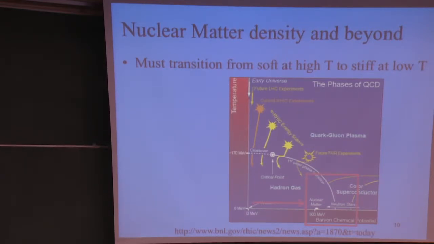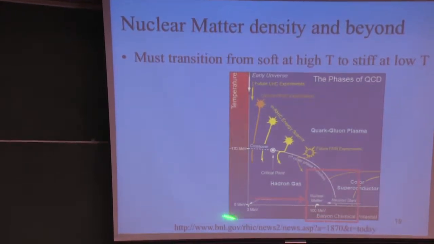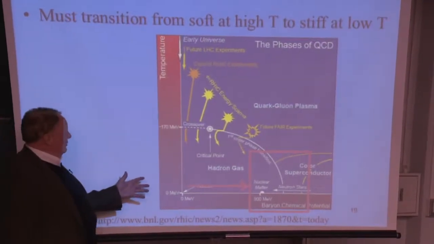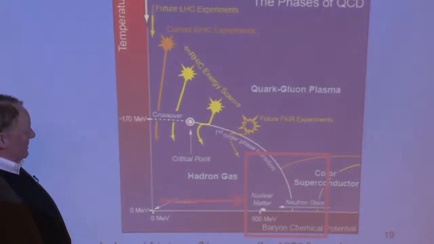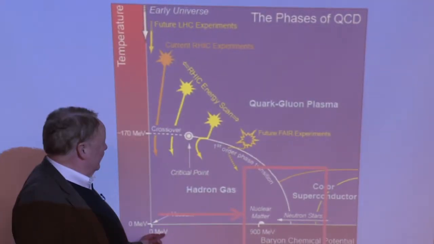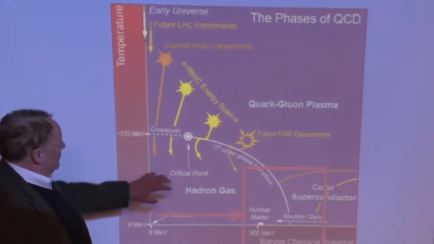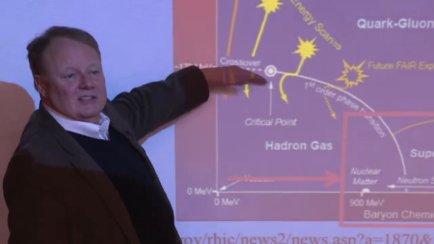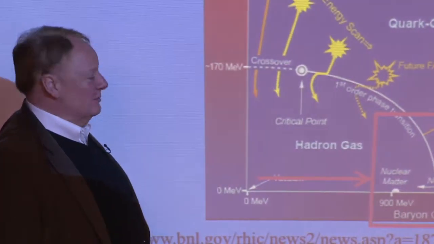But the next thing is, okay, this is sort of a canonical cartoon as a function of chemical potential or baryon density. Here's the normal nuclear matter I've been talking about, and then there's this transition to a quark gluon plasma.